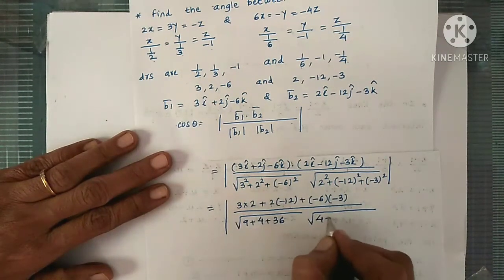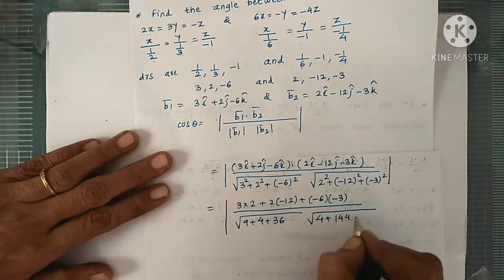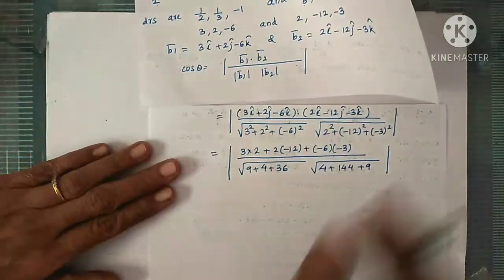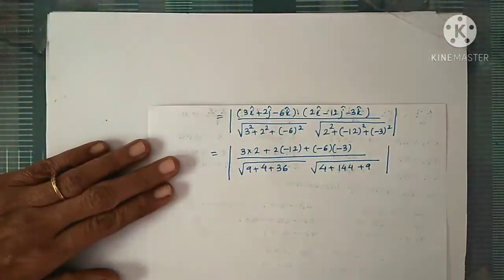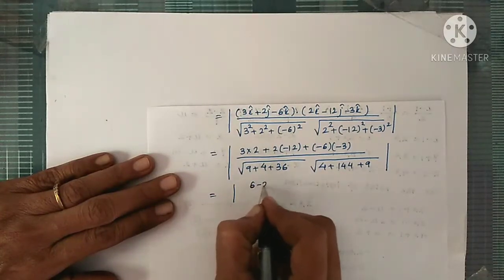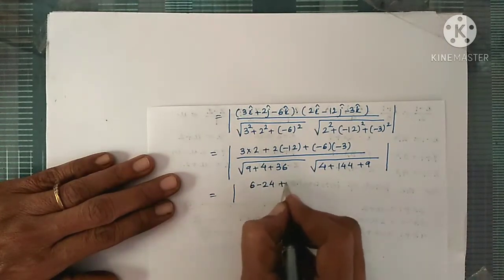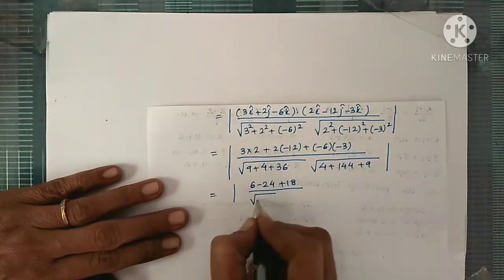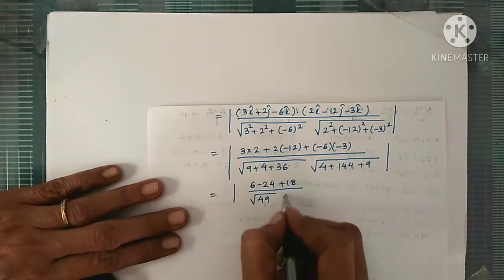And for the second one we have 4, 144, 9. So that becomes 6 minus 24 plus 18, divided by root 49.